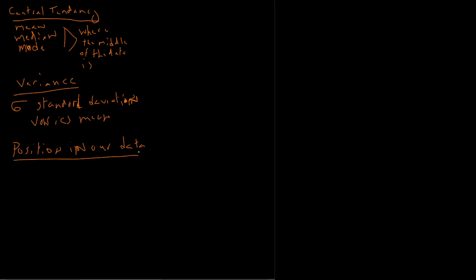And so we're going to talk about things called fractiles, which are numbers that break our data into equal parts. And equal parts in the number of data.